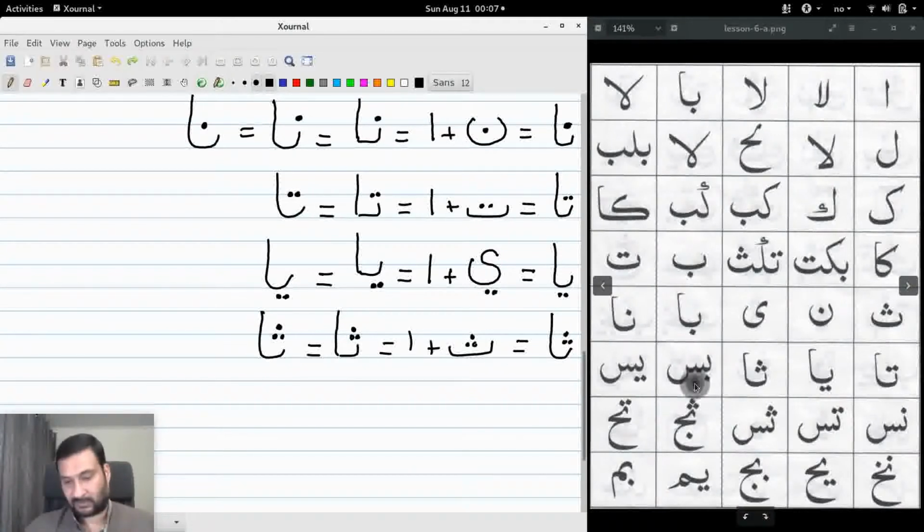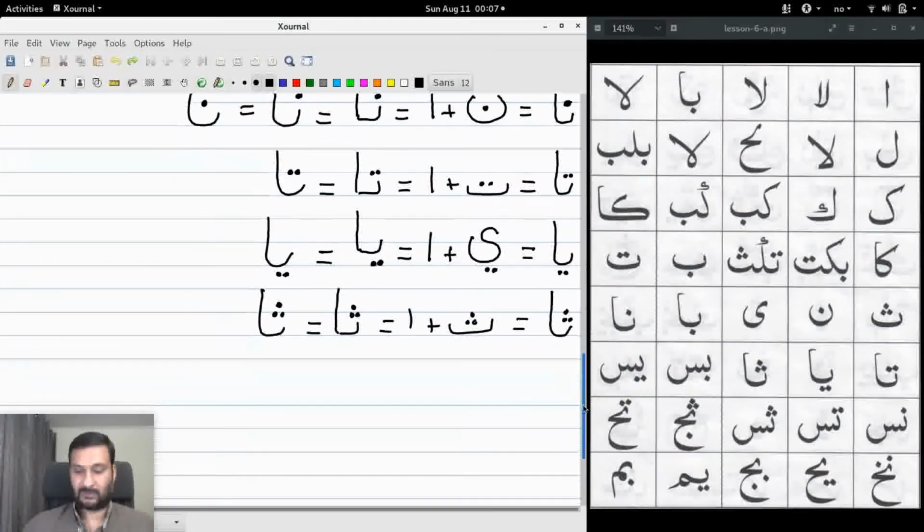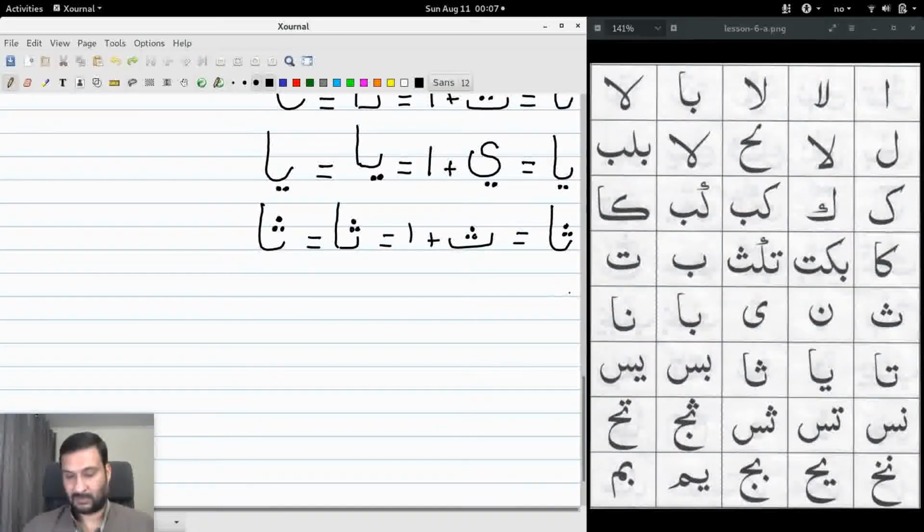Now we go to ba sin. The way it's written is ba sin, like so. It's made up of two letters, which is ba and sin.